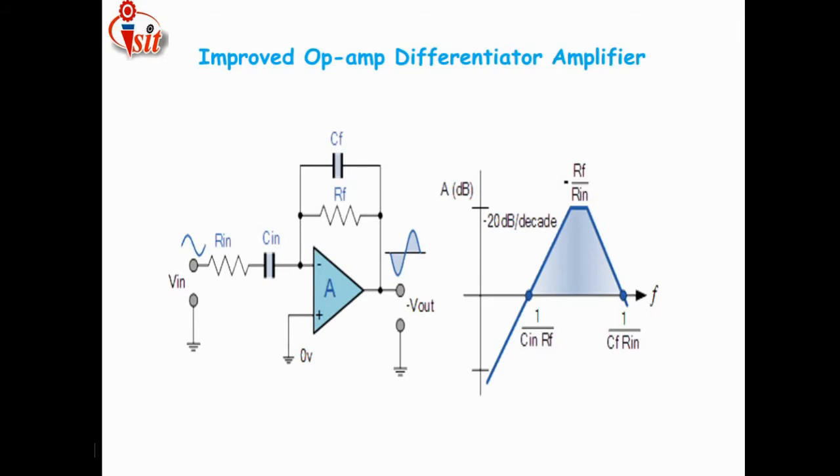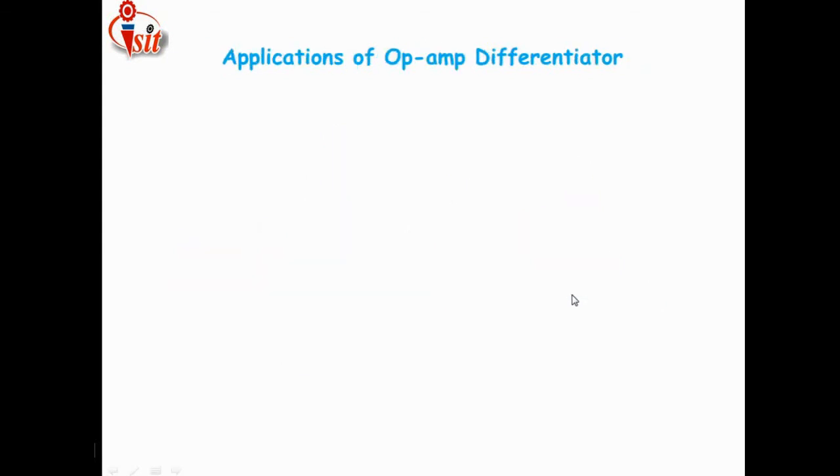Just see here the improved op-amp differentiator amplifier. It is similar to the practical differentiator amplifier. Here just see the output introduced by that circuit. We are observing minus RF divided by Rin, 20 dB per decade. Input is supplied here, and the output factor related to that multiplication factor is 1 divided by Cin into RF.